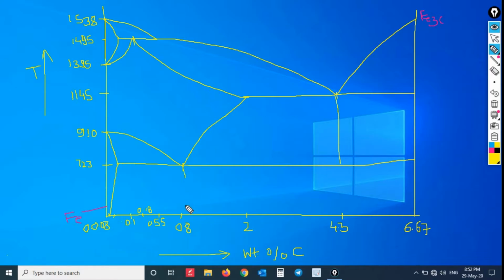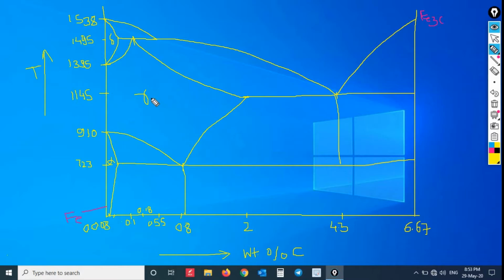You know that iron is allotropic in structure. Iron exhibits three different crystal structures at three different temperatures. From 0 to 910 degrees Celsius we have alpha iron. From 910 degrees Celsius to this we have gamma iron. From 1395 to 1538 degrees Celsius we have delta iron.